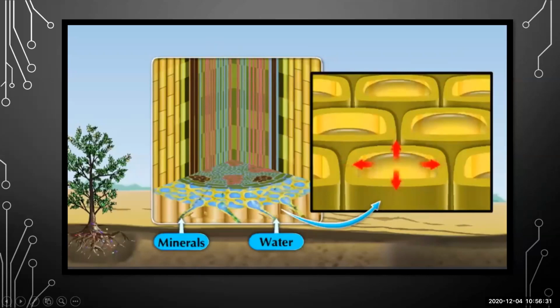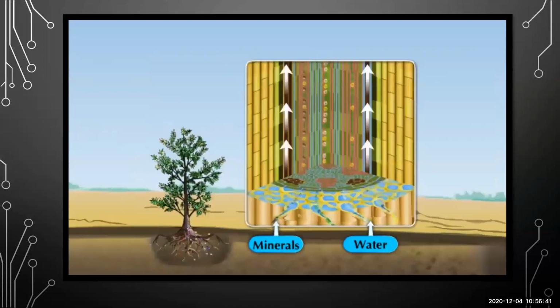They absorb the water and get turgid, and because of that they push the water upward. They will form the columns of the water so that the water easily moves in the upward direction.